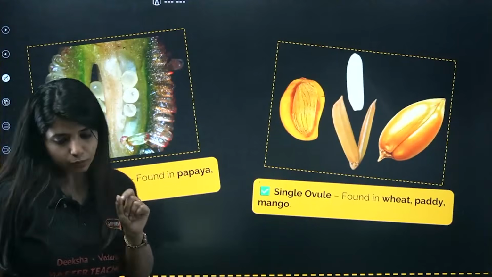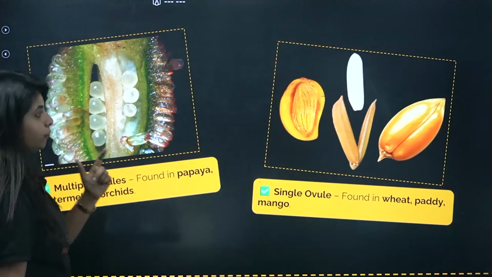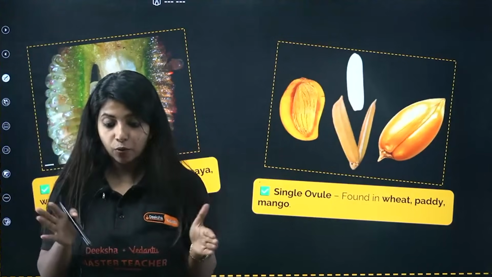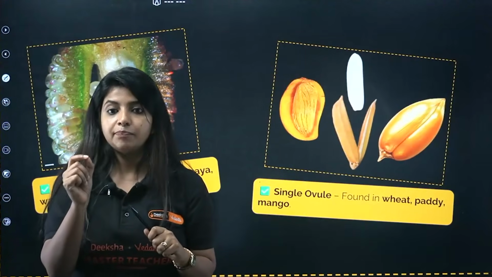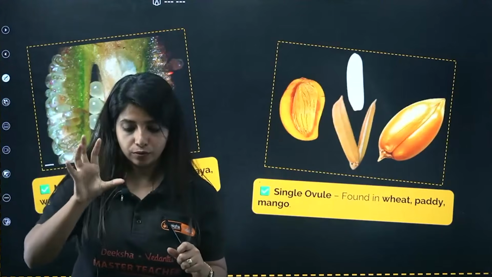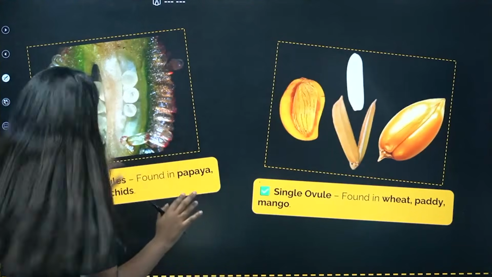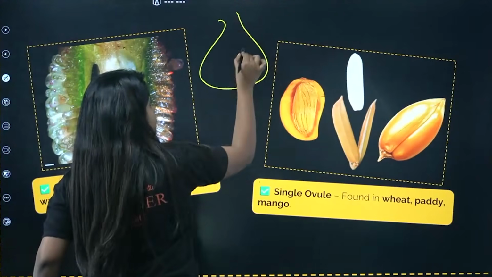Now, one more small thing is left behind, and that is this. Now you have to think inside the ovary. Inside the ovary, you can have either one ovule or multiple ovules. Here is the ovary, and this is the ovule.